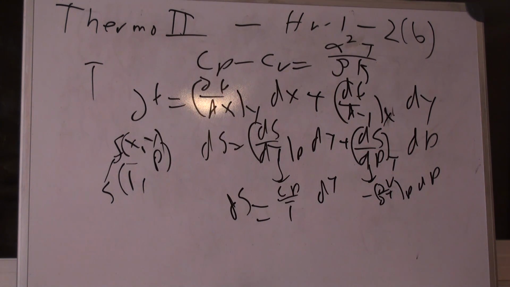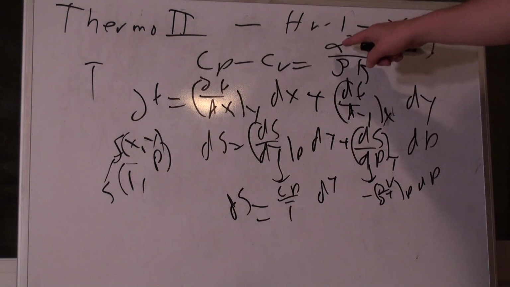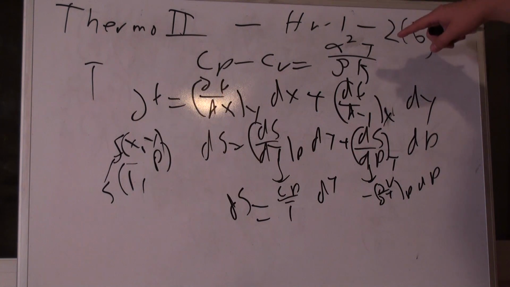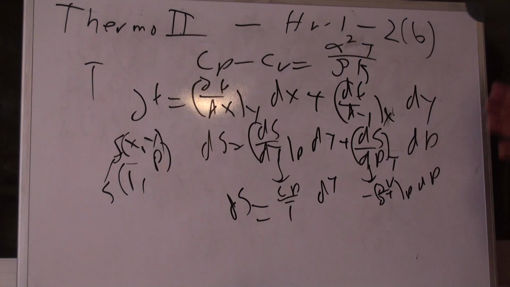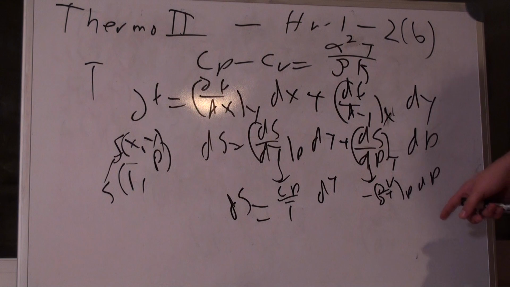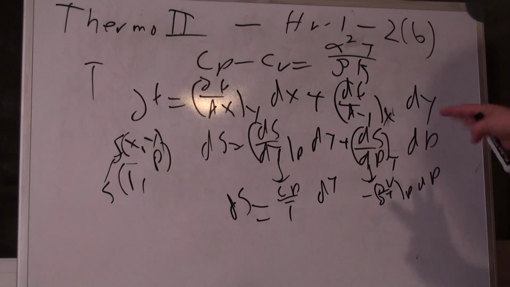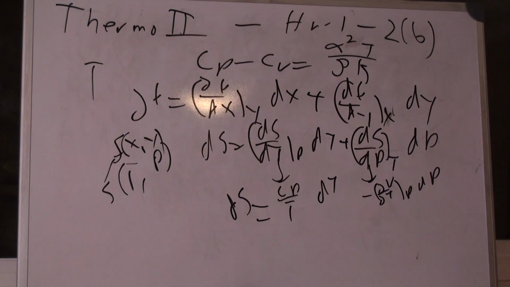That's kind of tricky, but let's think about what I'm missing. I've got a dv dt up here, so I could divide by dv to get another dv, but that doesn't help me because I want to get rid of one. So I either want to get rid of dt or dp. But dp dt and dt dp is essentially the same thing, just inversed, so that doesn't really help me.